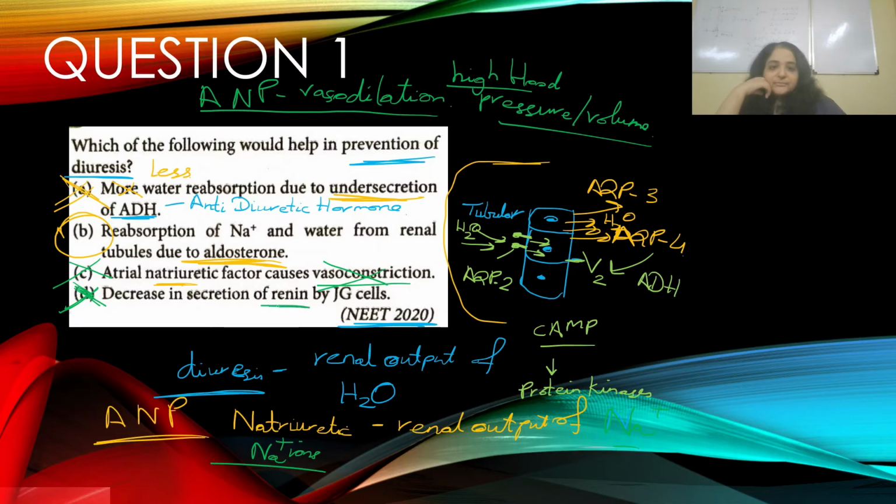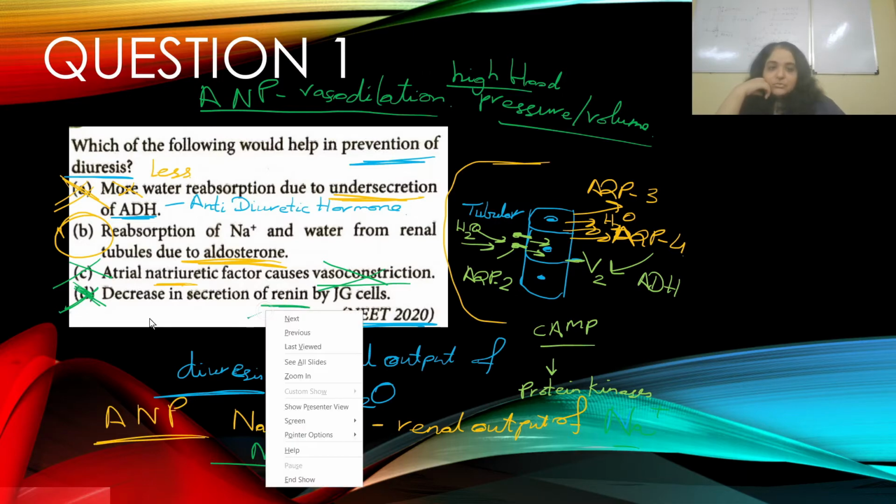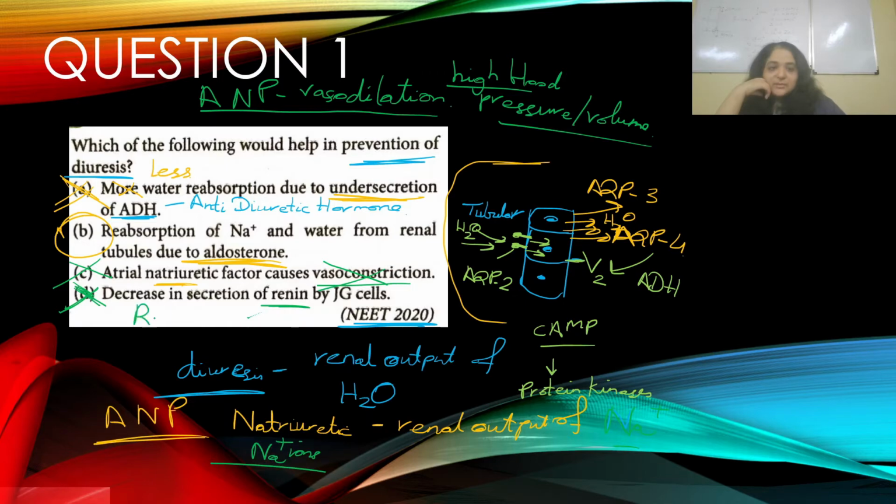Now renin, if you know the RAS system, the renin-angiotensin-aldosterone system, plays a very important role in increasing the blood pressure or the blood volume in case it is low. Renin is an enzyme which converts angiotensinogen to angiotensin 1, and then that is converted to angiotensin 2.